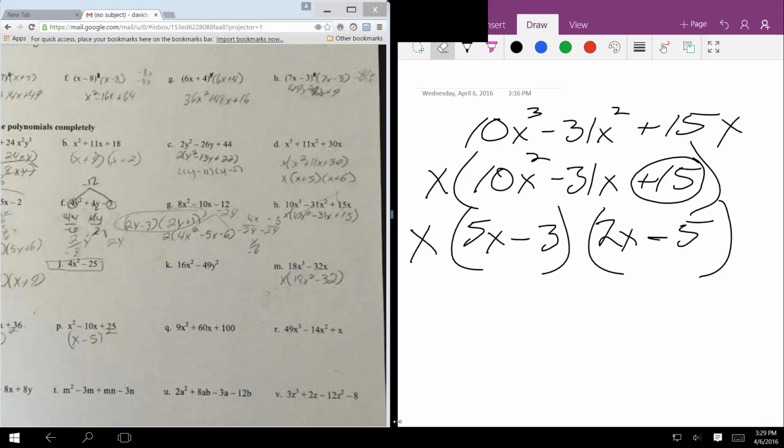If I had started with minus 5, minus 3, it would have been no, and then I would have switched the numbers. But we got lucky, and that does produce minus 31x as a middle term, and that's the key. You don't need to check this first term, and you don't need to check this term.